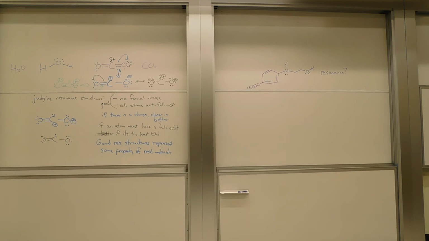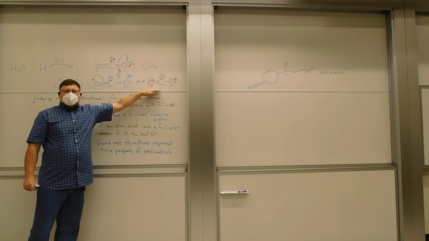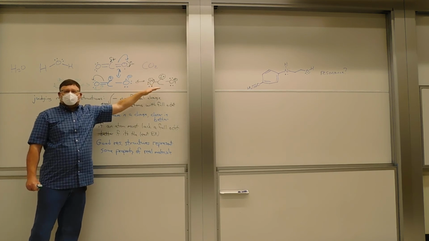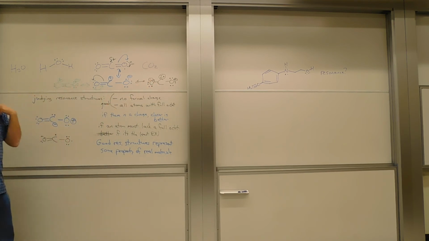But that carbon does chemistry where it behaves like it's positively charged, and the oxygens behave like they're negatively charged. So even this one with a 2+ carbon is not a good resonance structure, because every atom's got a charge. But it is better than these, because the carbon's positive and the oxygen's negative, so it behaves like the real molecule.